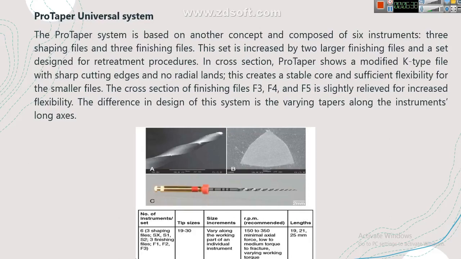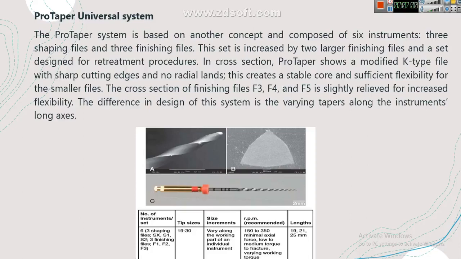When we talk about the ProTaper or rotary files, we have to keep in mind that some specific files are designed for shaping and the other files are working on finalizing or finishing the contour of the canal system.